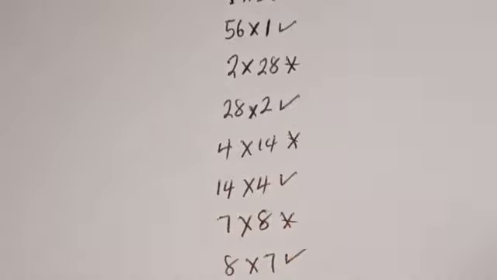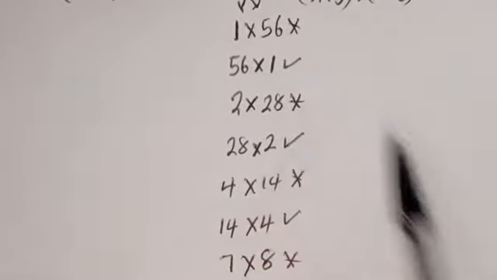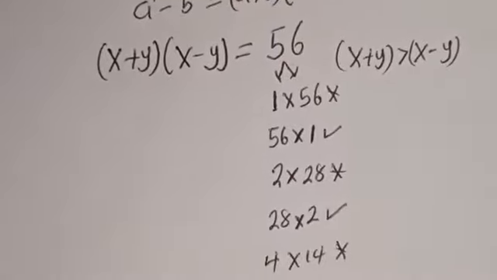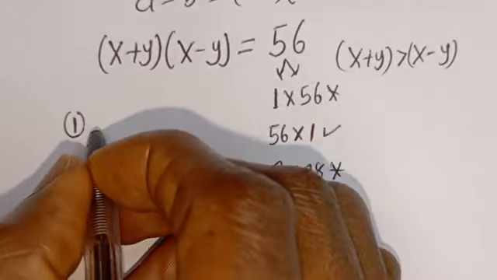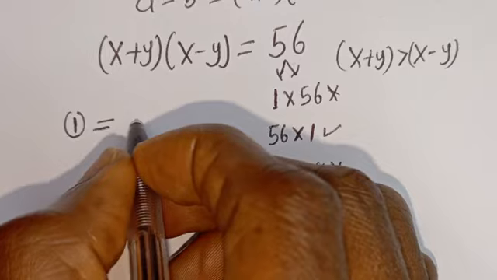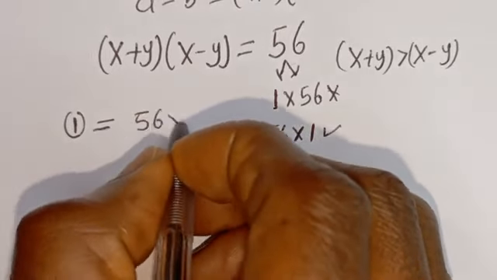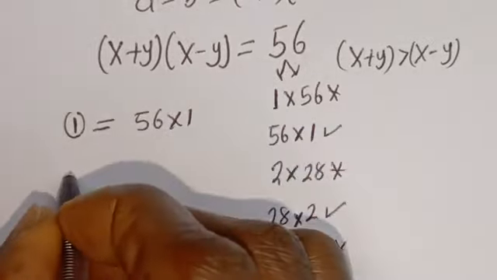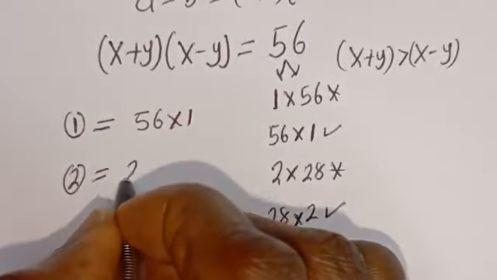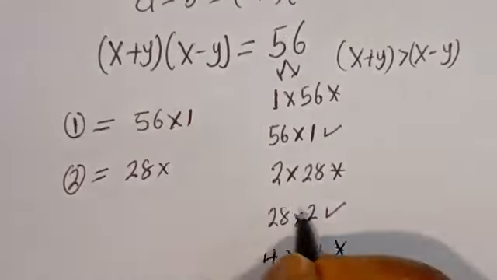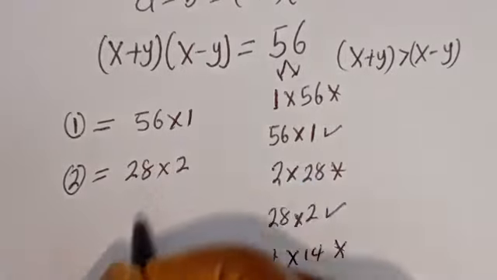1, 2, 3, and then 4. So from here, we have the first case, which is equal to 56 multiplied by 1. Second case is equal to 28 multiplied by 2.